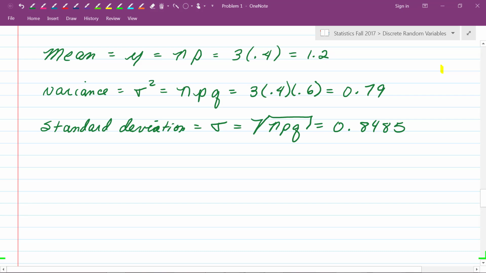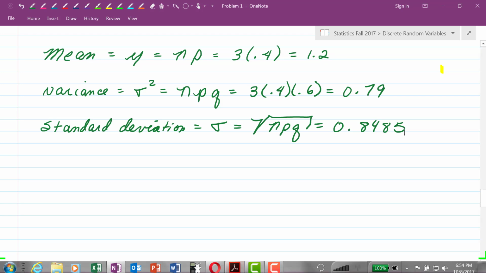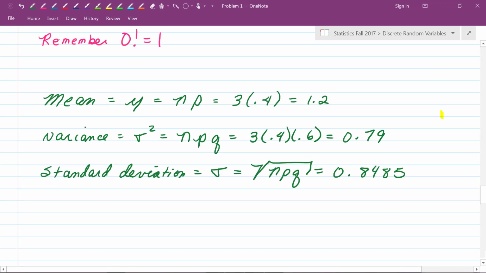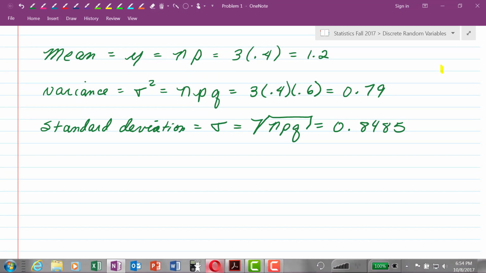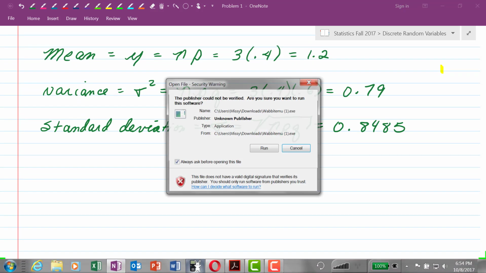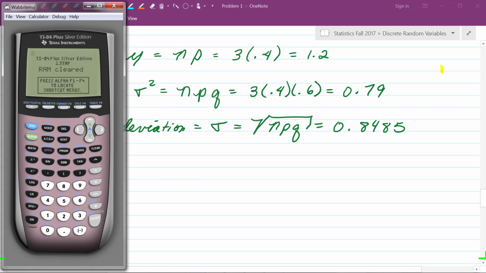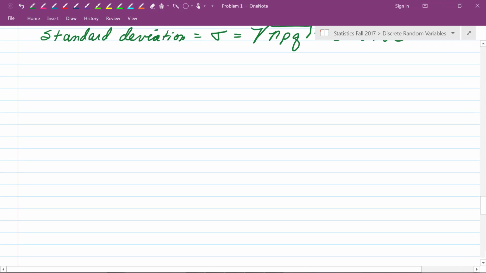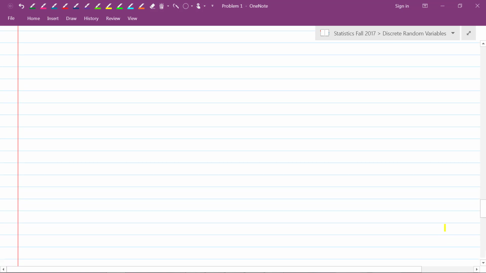Alrighty, so let's go back to our homework problem. Oh yes, I promised you one other way of solving this. Now, if you have the TI-84, it's important to realize that we can do a couple of different probabilities with the TI-84 when it comes to the binomial. We can calculate the binomial for specific values.